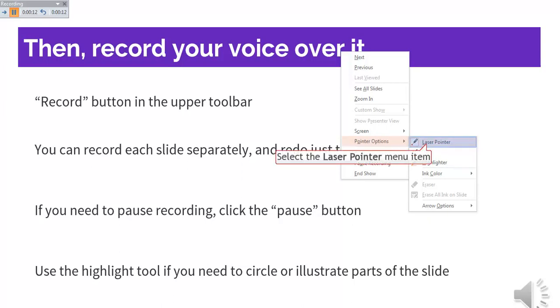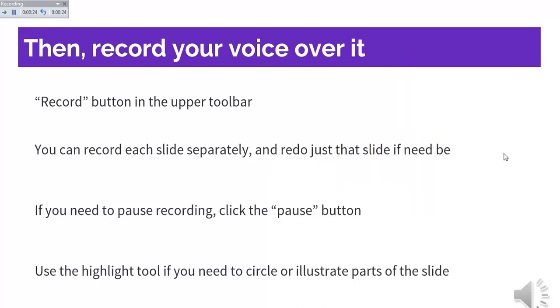There we go. Alright, and then you can also turn that off by clicking it again. So that is how to do that. You can also draw using the pen tool. And then if you need to save those drawings, you can as well.